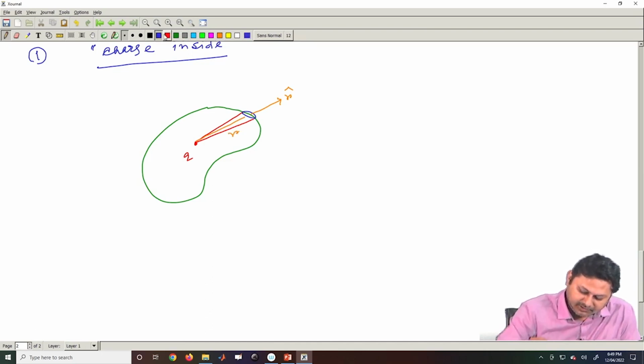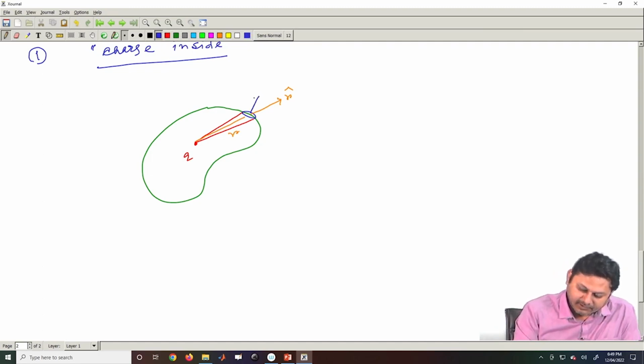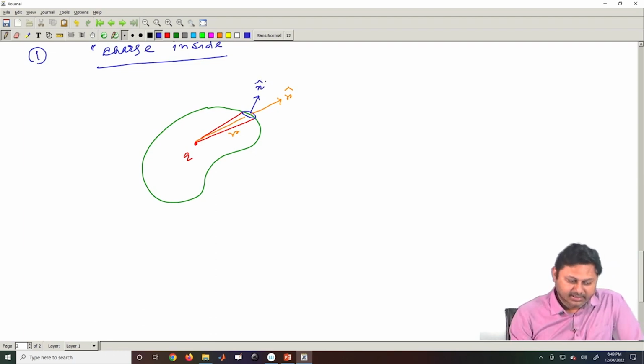The unit vector of the surface is along this direction, which is a vector quantity, and I write n.